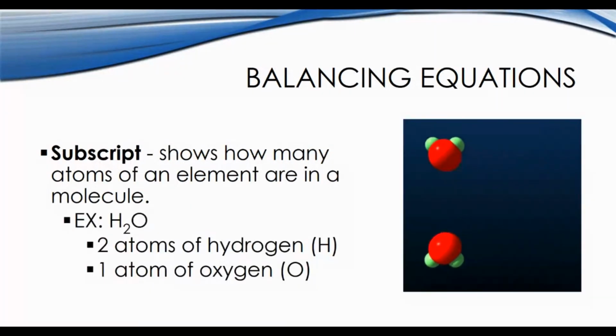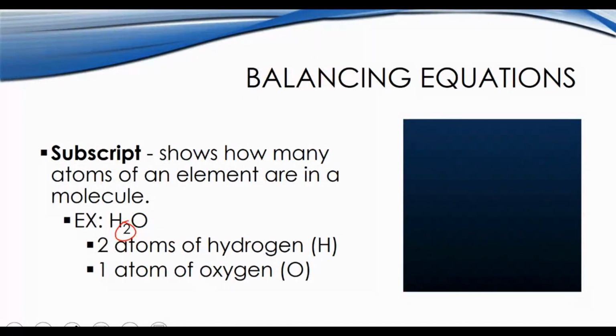Now, when we write chemical equations, we're going to have two different pieces of information, aside from, of course, the symbols that represent the elements. The first is going to be the subscript. And that is that small number that you see here on the molecule for water. The subscript specifically tells us how many atoms of that one element are present in the molecule.